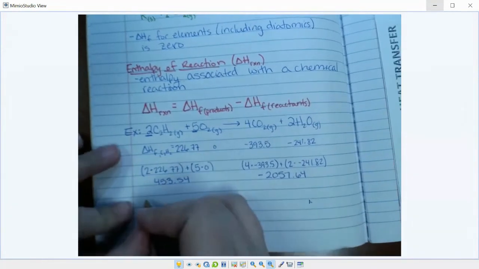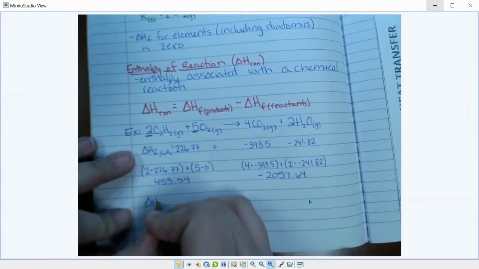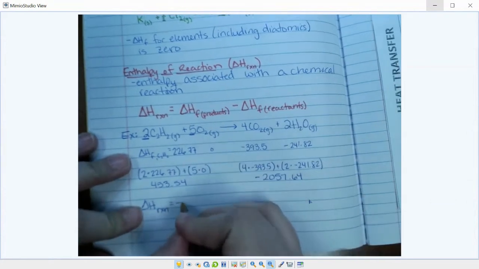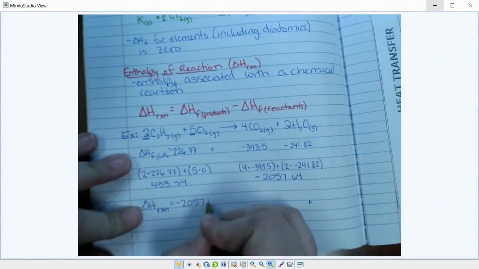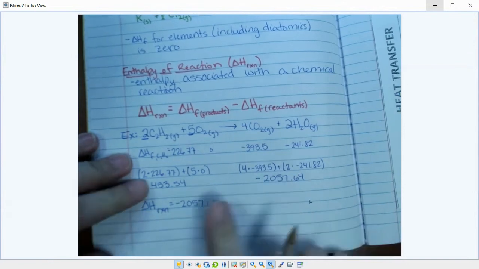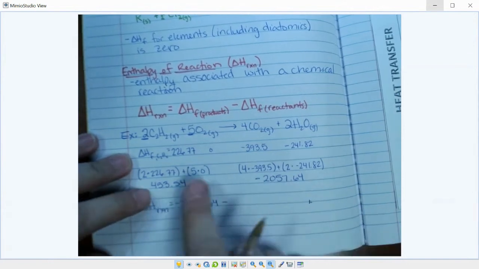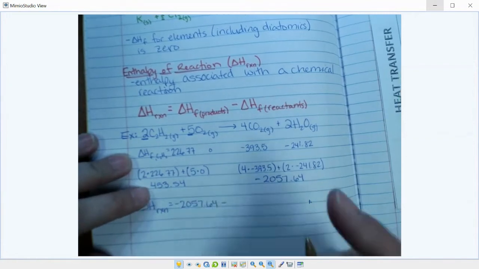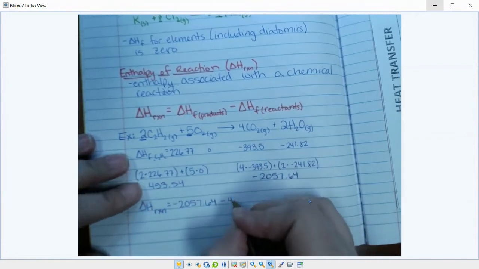So when I do delta H of this reaction, I have to do my products number, so negative 2057.64, minus my reactants number. And be careful about the signs because sometimes this number might be negative. So make sure you pay attention to that. Here it's a positive.